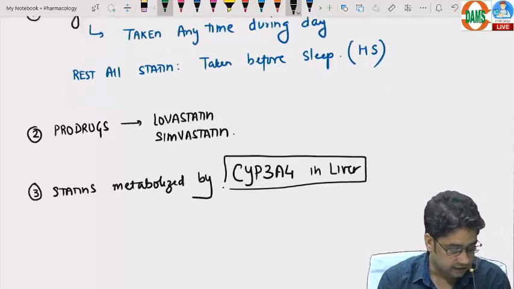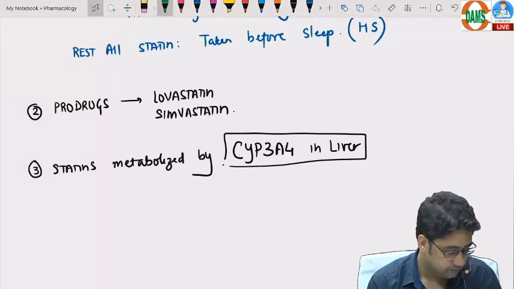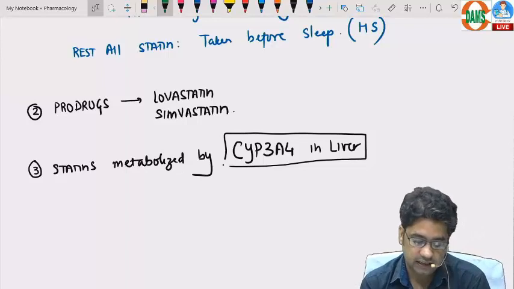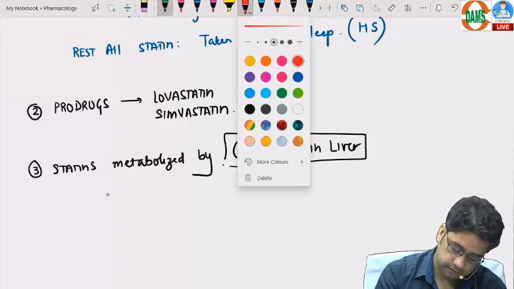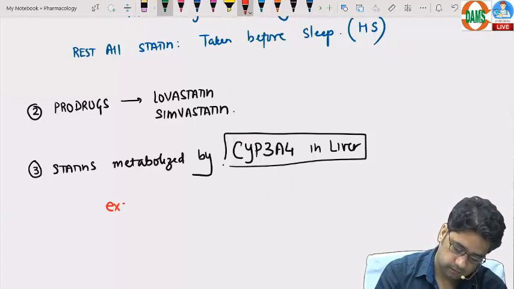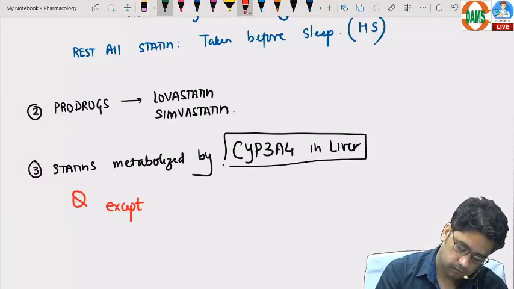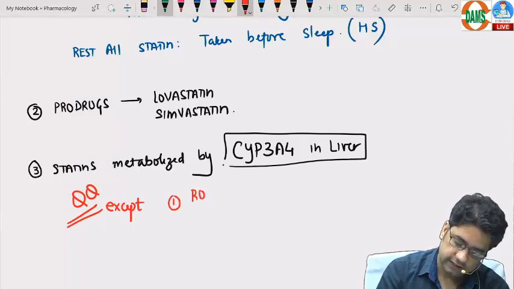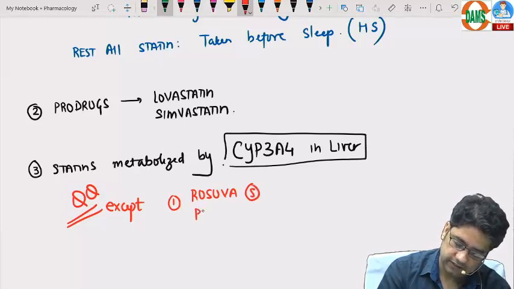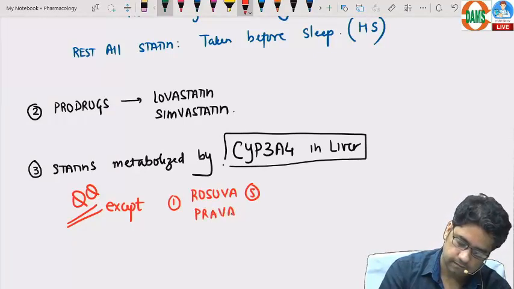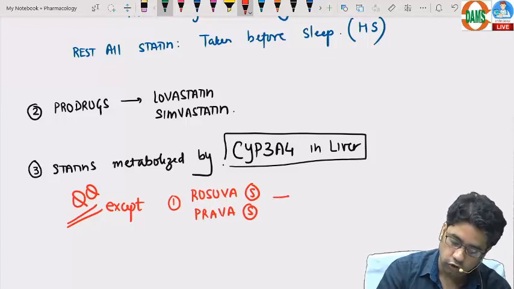All statins are metabolized by CYP3A4 in liver except rosuvastatin, pravastatin, no CYP.